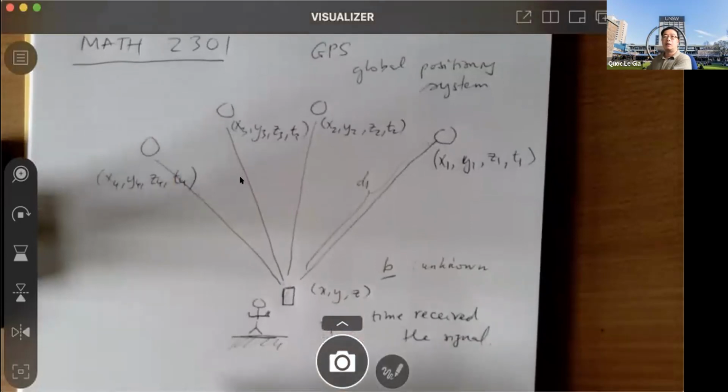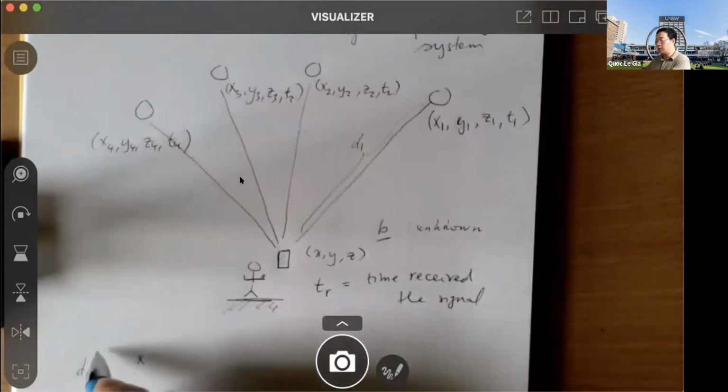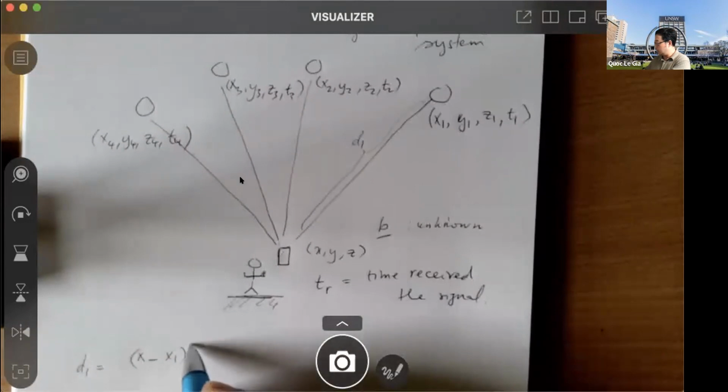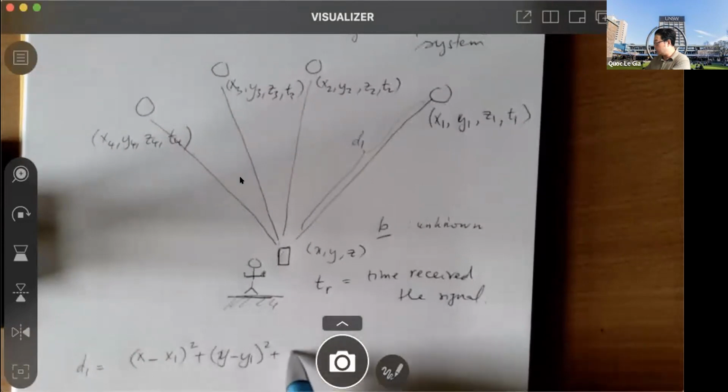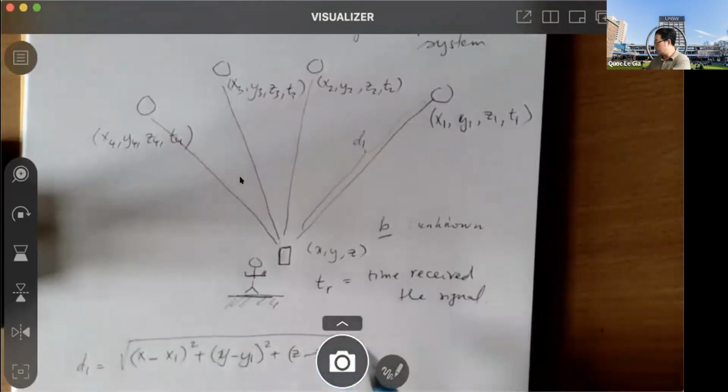Then it's given by a formula you may remember from high school: take the difference between x, the difference between y squared, and the difference between z, and then you take the square root. This is the distance between 2 points in space.